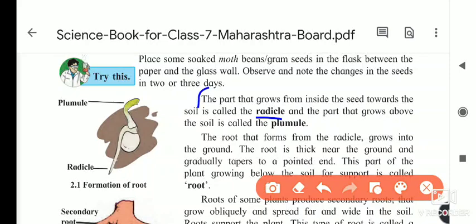What is radical? The part that grows from inside the seed toward the soil is called a radical.